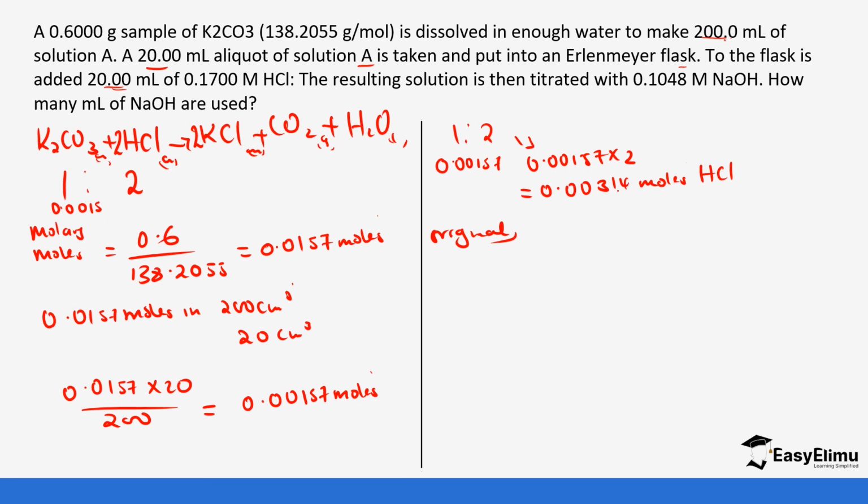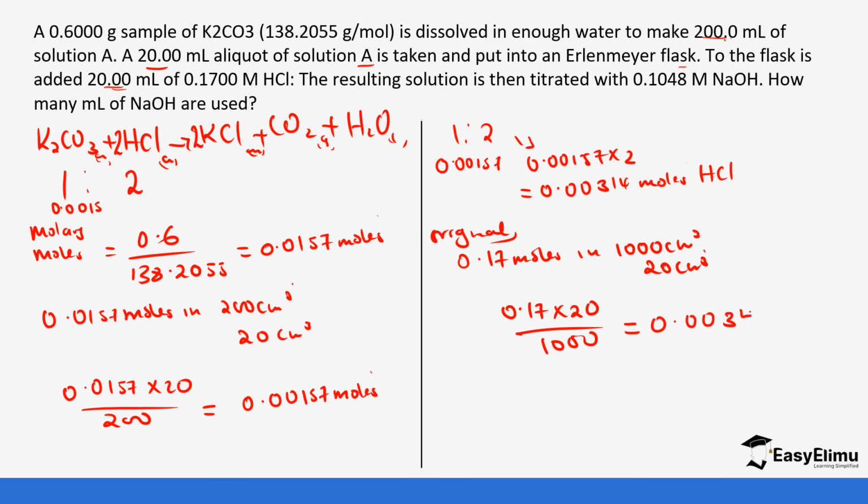So the rest is what reacted with sodium hydroxide. 0.17 moles are in 1,000 cm³. What about in 20 cm³? So 0.17 times 20 divided by 1,000 gives us 0.0034 moles. These were the original moles, but the ones that reacted with the carbonate were 0.00314.